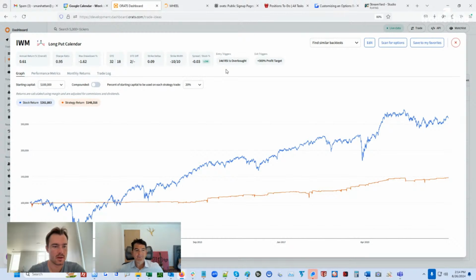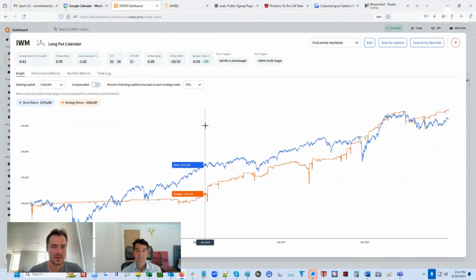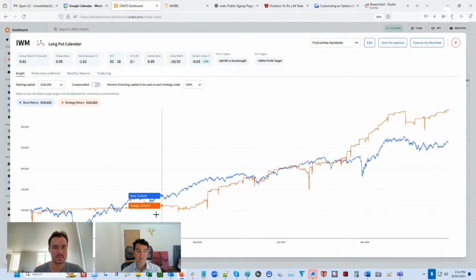Tyler, yeah, that's nice to see the graph. One thing I like to do, where it says percent of starting capital to be used on each trade, is match that up roughly with the graph so I can see, in relation to the stock, where I'm winning and where I'm losing, based on how much I'm investing into the strategy. This particular one would invest 100% of the starting capital.